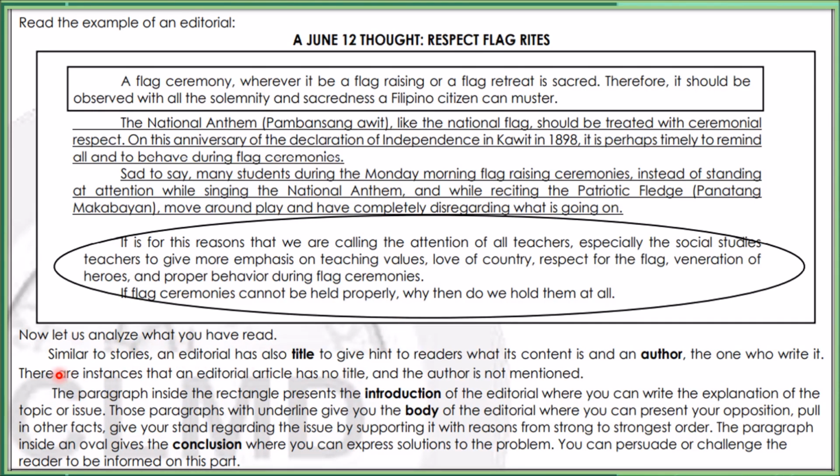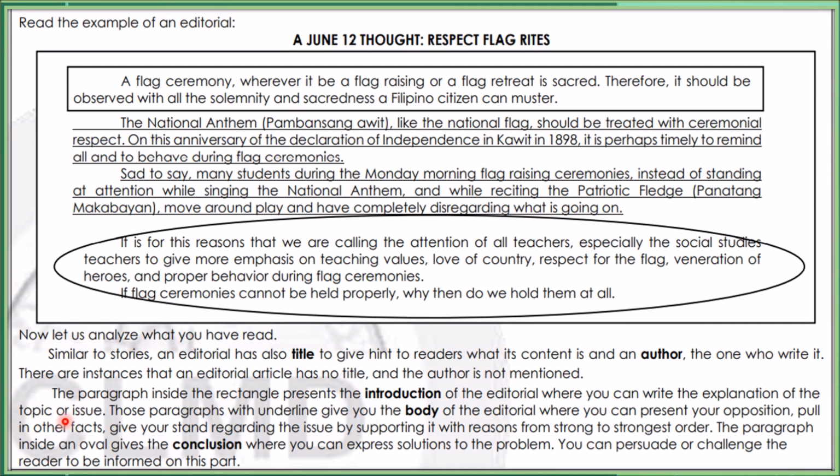Okay, wala. Anonymous. There are instances that an editorial article has no title and the author is not mentioned. This is the example. Hindi sinabi diyan.